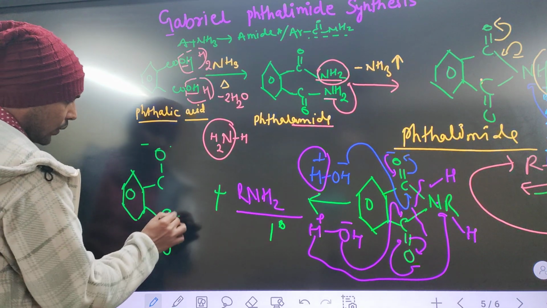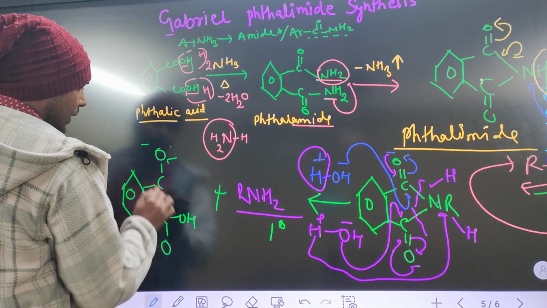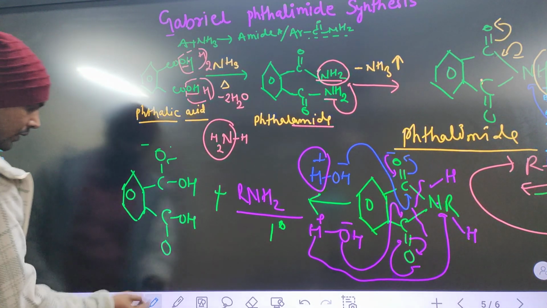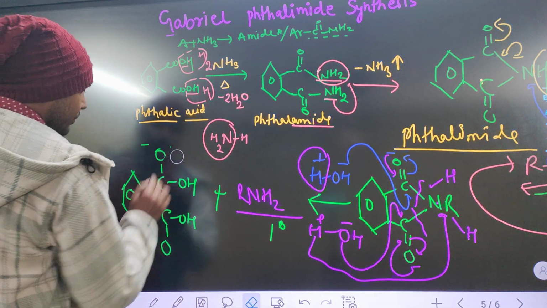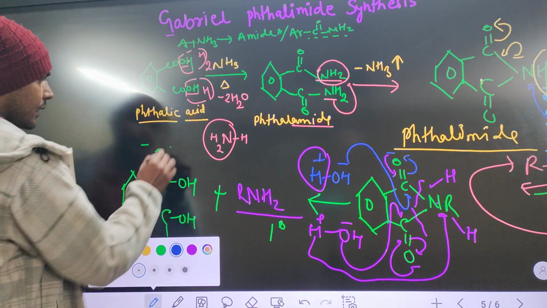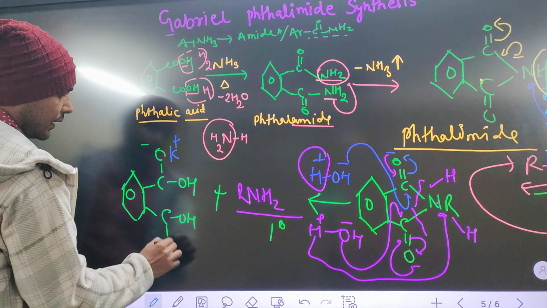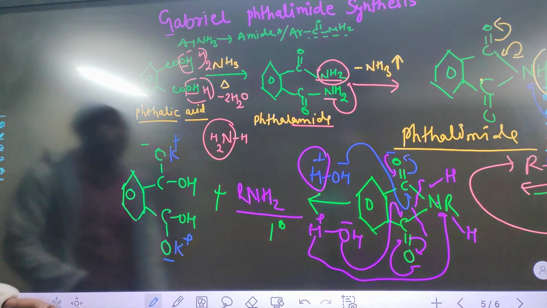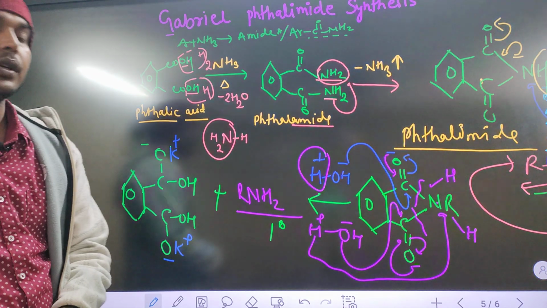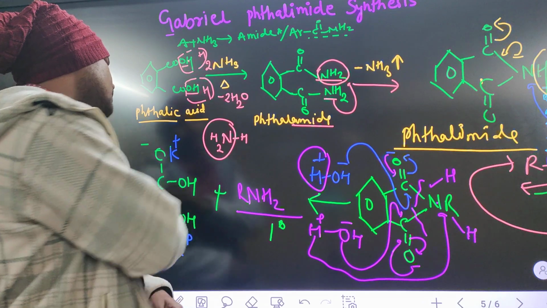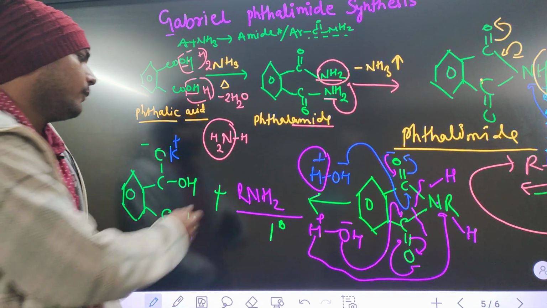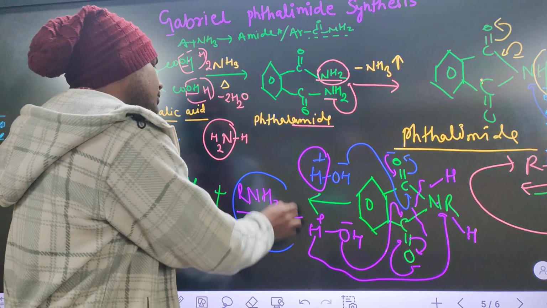CO minus, and again K plus and K plus. So this is the salt of phthalic acid. So phthalic acid salt is formed here, and a 1 degree amine is produced here.